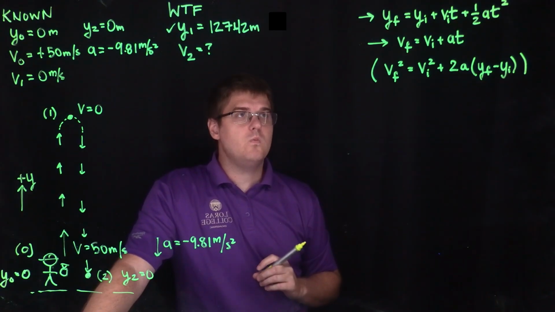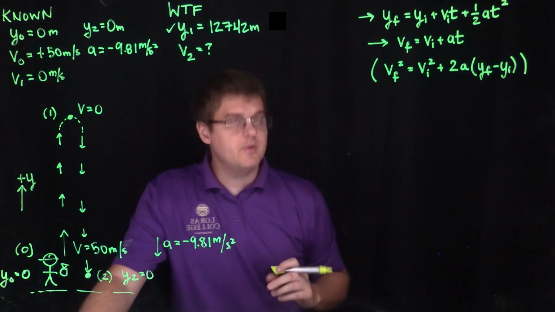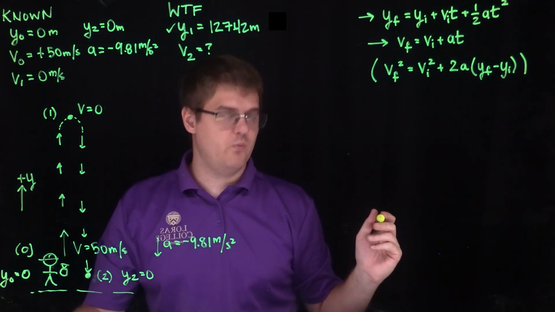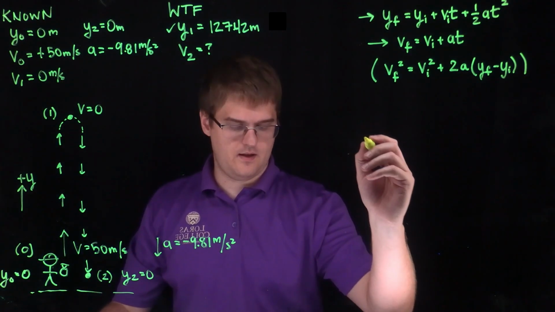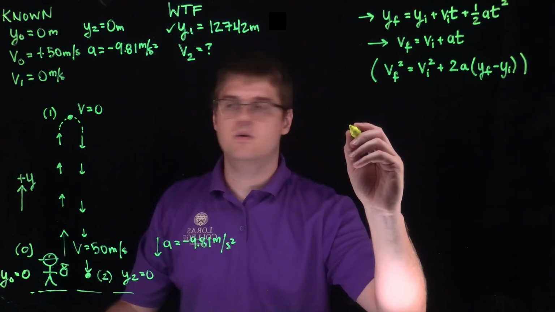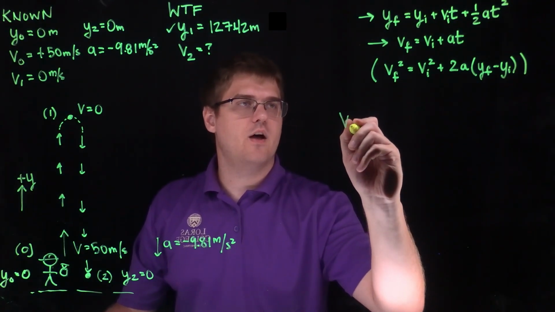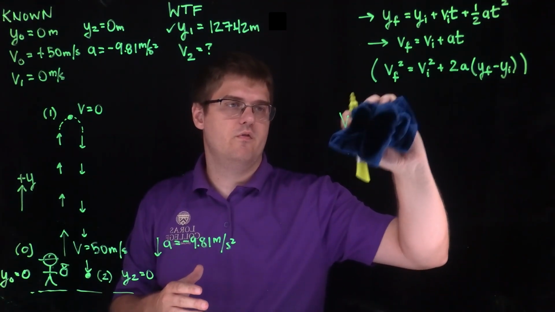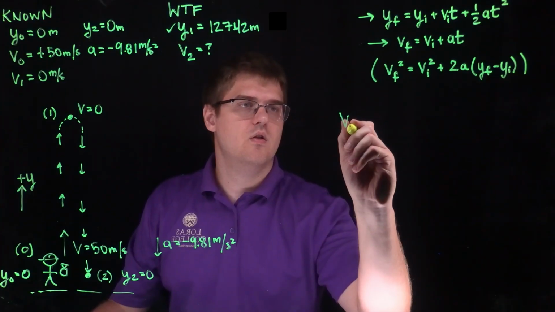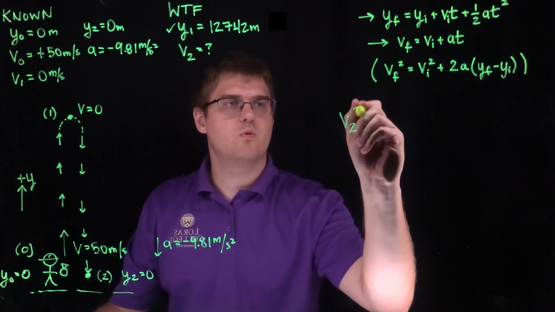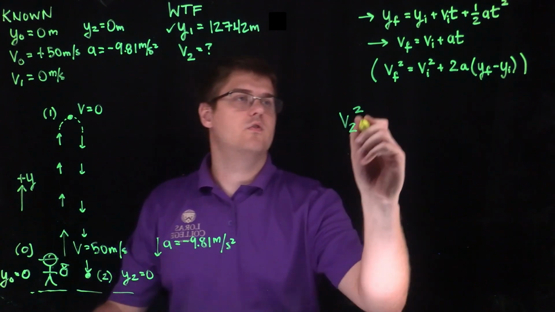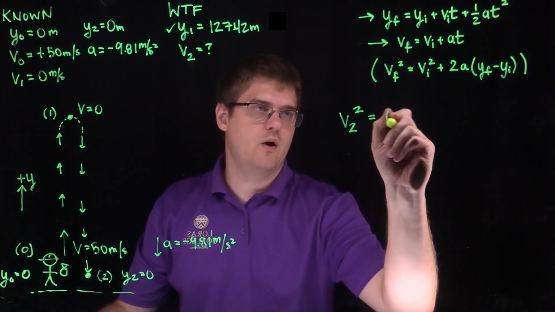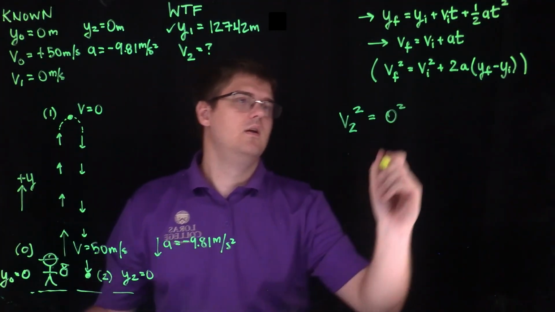So we could just do that if we wanted to. That's probably a little bit faster since I kind of showed that it works both ways initially. So let's go ahead and say that my velocity final, which is what I'm after, velocity 2 squared, is going to be equal to velocity initial squared, so that is 0 squared. That's nice.